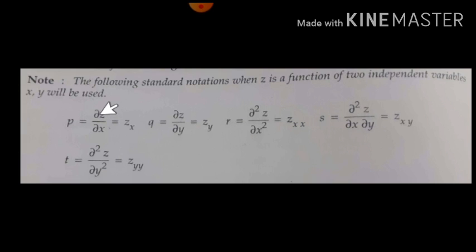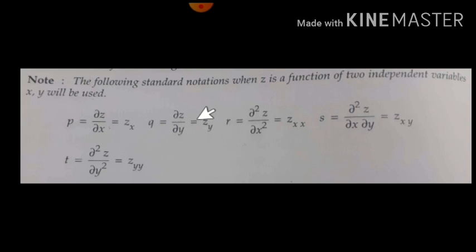We denote it as dou z by dou x, and we can also denote it as z suffix x. In this module, while finding the solution and formation of partial differential equation, along with this notation, we also denote it as p. This notation is also used. So three different notations for the partial derivative of z with respect to x.